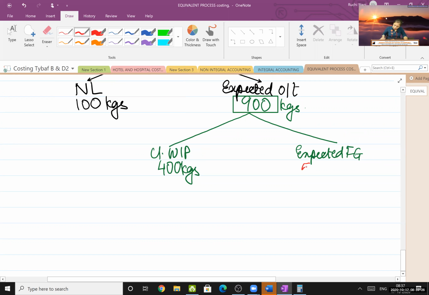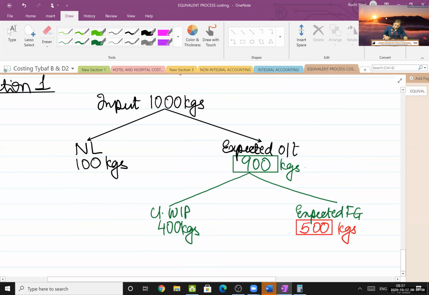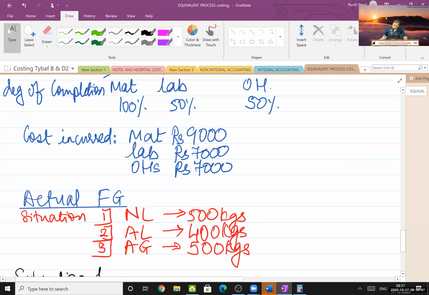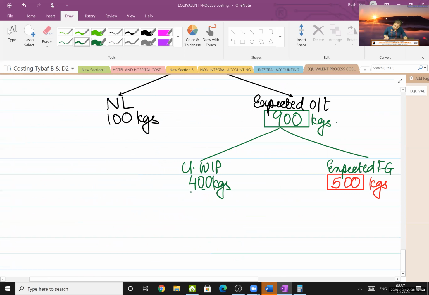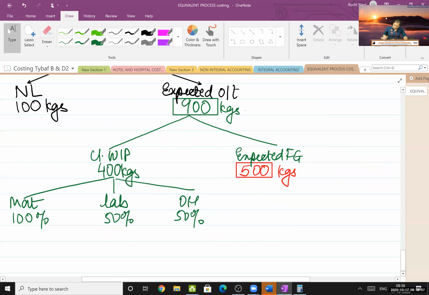So balance is 500. Now for this 400, they have given you the degree of completion. Material will be 100%, labor 50 and overheads 50. So further divide this: material, labor, overheads. This is 100%, this is 50%, and this is 50%.